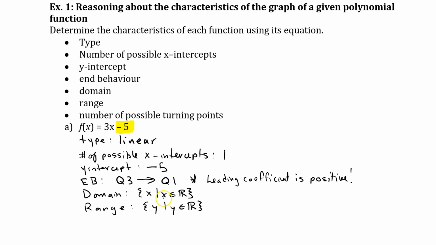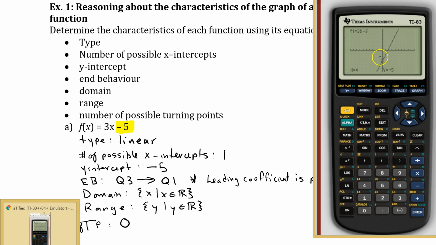When we say x is an element of the reals or y is an element of the reals, it just means that for this function you can have any x value and any y value. And the number of possible turning points is going to be 0, because it never goes from increasing to decreasing. It's always simply increasing.